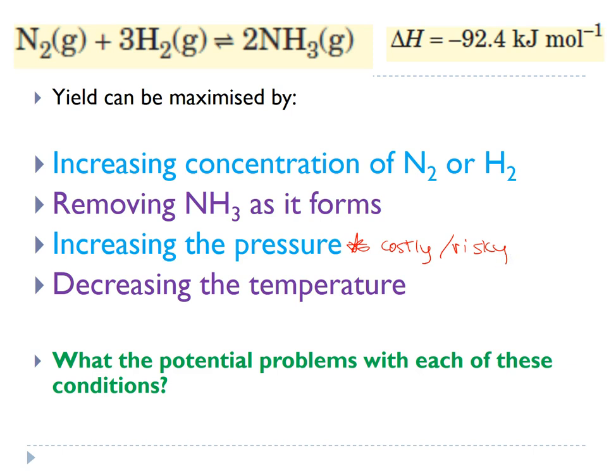And as we said on the first slide, one of our considerations is safety, and anything done under a high pressure at a fairly high temperature is quite risky. Okay, so that does leave us with adding in N2 or H2, which will decrease our atom economy or our efficiency. Removing ammonia, sometimes possible, sometimes not, depending on the situation that we're looking at. But with this one, we can actually remove ammonia.